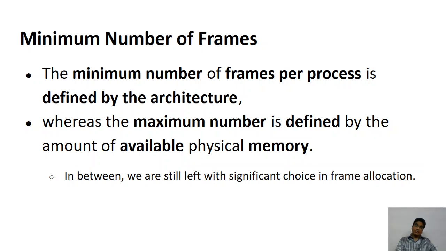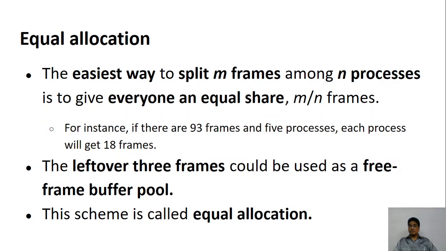If your RAM is 1 GB, you cannot allocate more than 1 GB, because your physical capacity itself is 1 GB. So there is a confusion about what the minimum is, but there is a definite answer for the maximum. The maximum is whatever memory is available; the entire thing can be given to a process. Now we have to decide between the bare minimum, which is not very accurate, and the maximum. In between we have to make a choice.